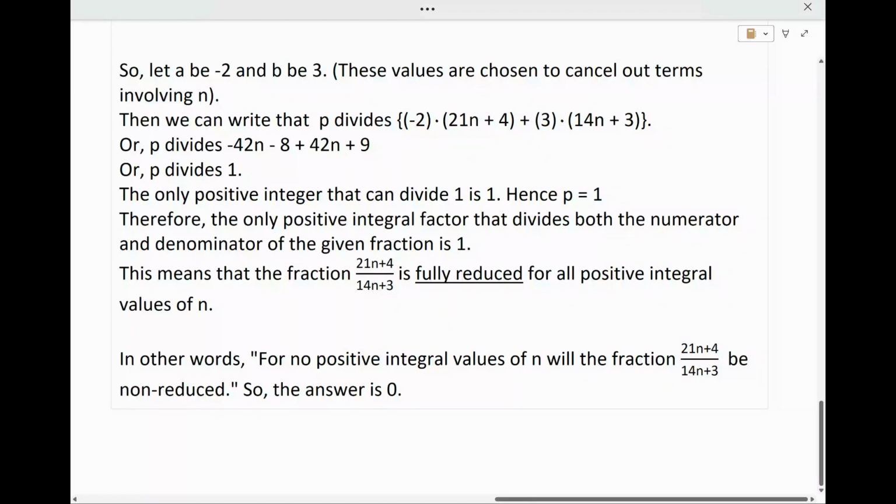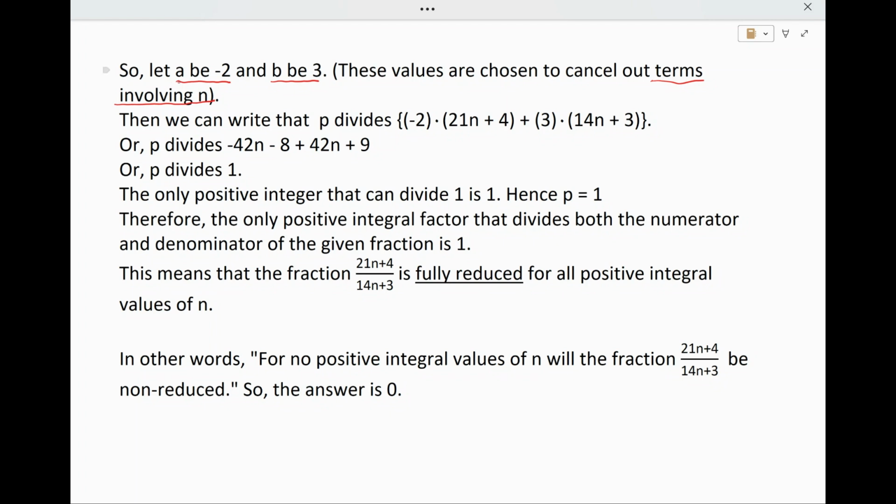So, let us assign the value of minus 2 to A and the value of plus 3 to B. These values are chosen by us to cancel out terms involving n.